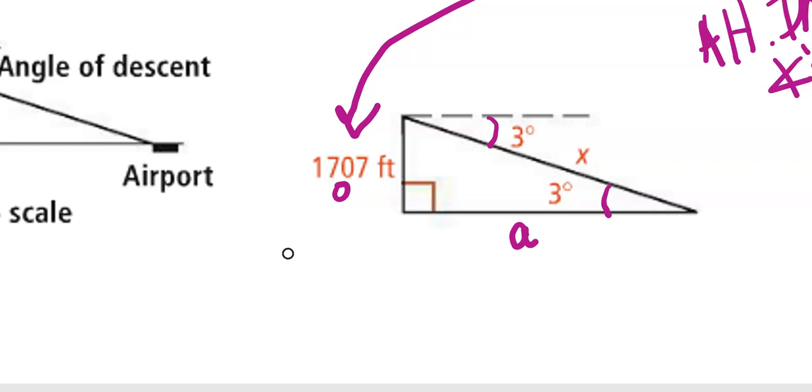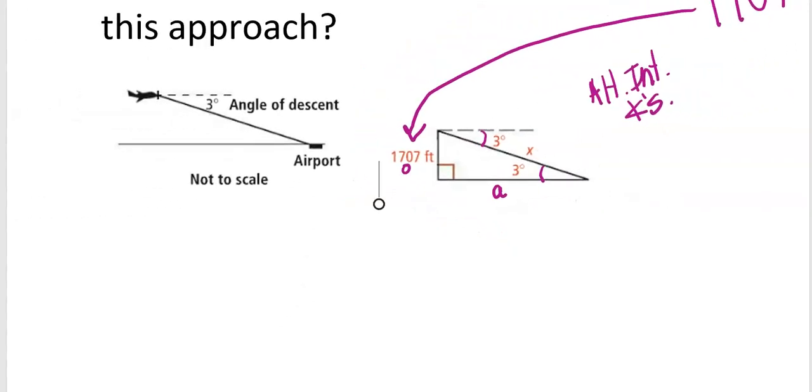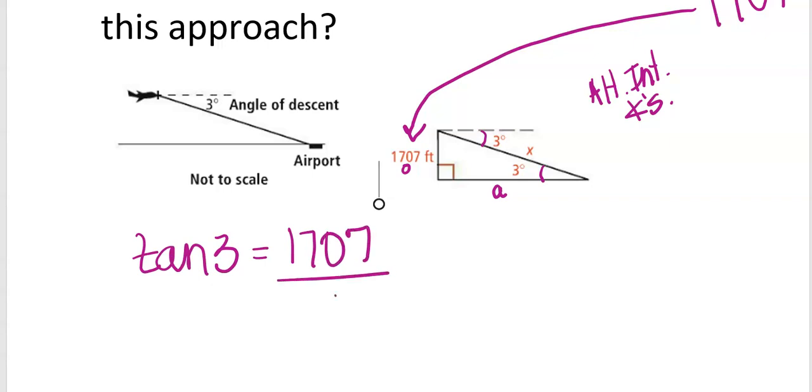So tangent of 3 equals 1707 over A. Divide on this one. So if you would have put the 3 at the top, you would have had O over 1707 and you would have multiplied, which would not have given you the right thing. So it is not the same thing. So we're going to take 1707 divided by the tangent of 3.